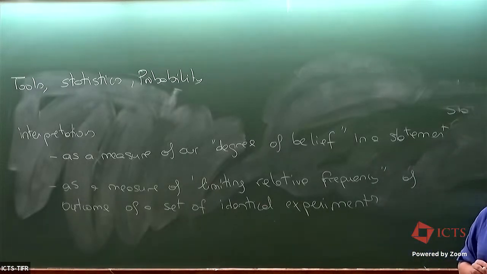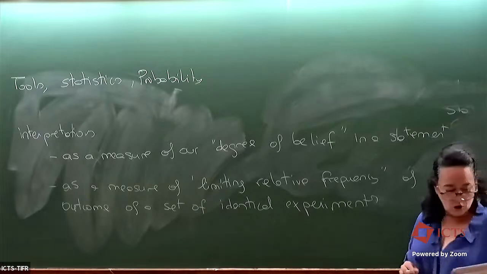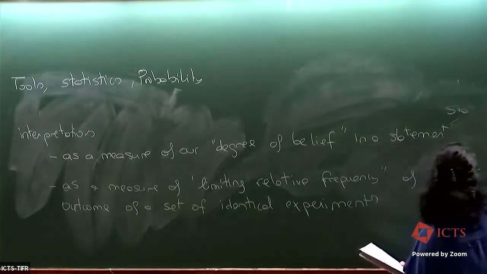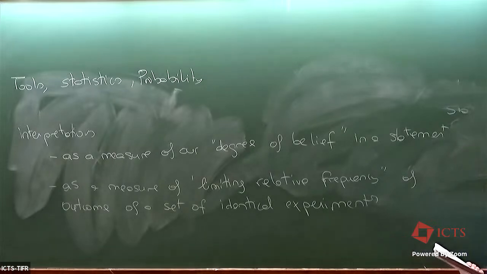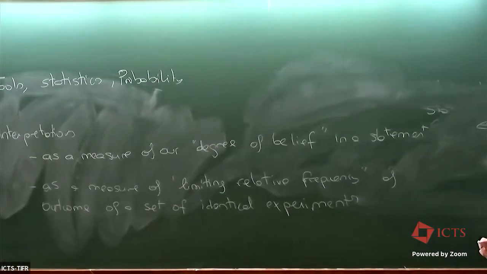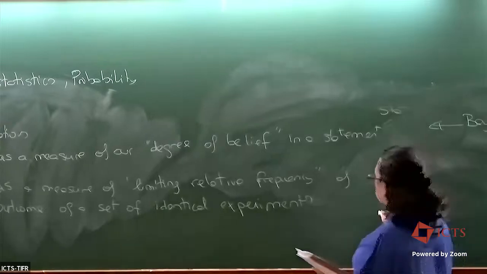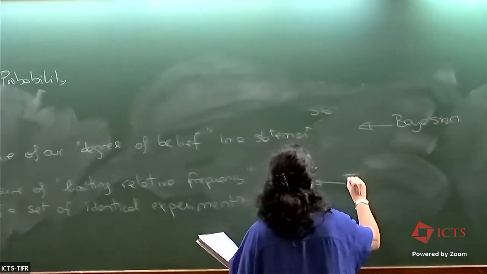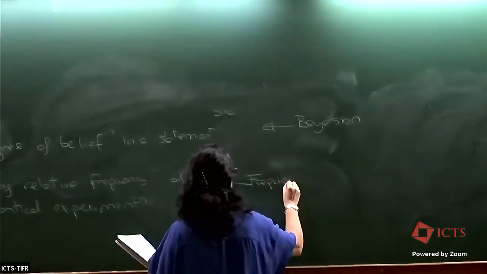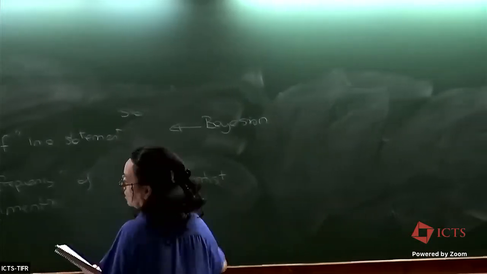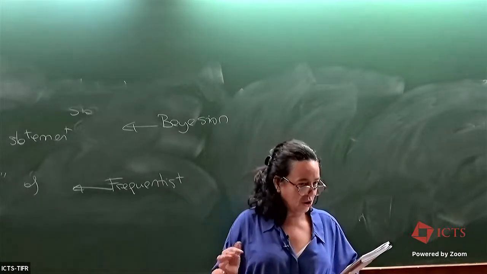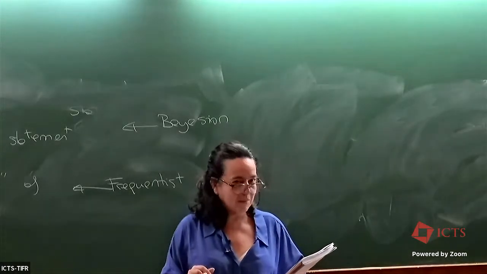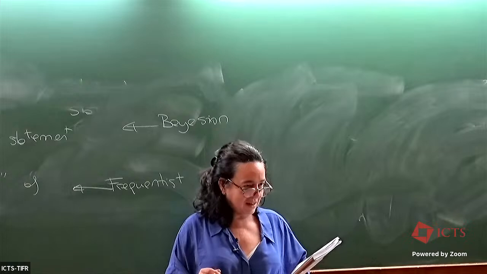So my first interpretation of probability is what is called the Bayesian approach, and the second one is the frequentist approach. It's hard to say what is better and what is worse. I guess it depends on the problem. I'm not a religious fanatic on that.